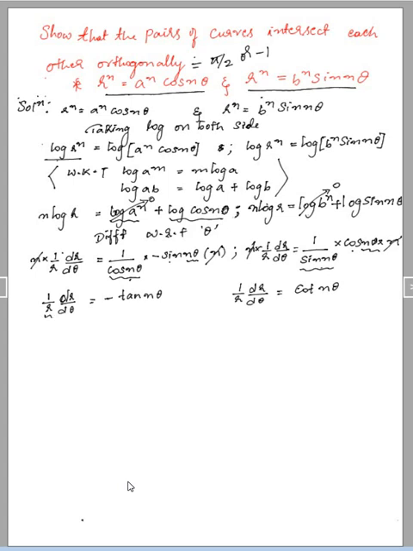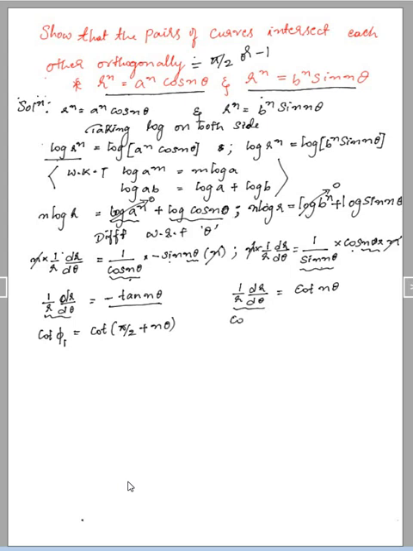So I told you that we require to find cot phi. Cot phi is given by 1 over r into dr by d theta. As we have two curves here, I am going to denote the first curve as cot phi 1. For the first curve, cot phi 1 is equal to minus tan n theta, which we can write in terms of cot as cot of pi by 2 plus n theta.